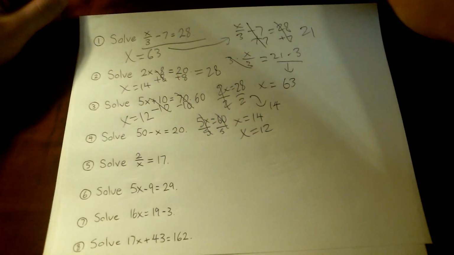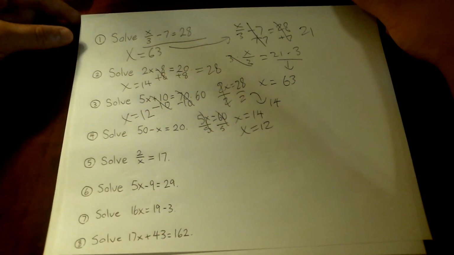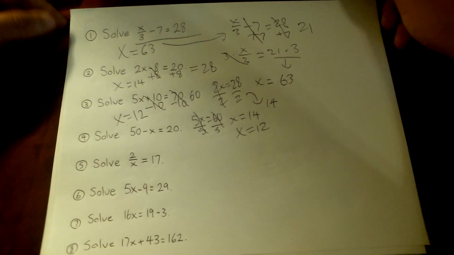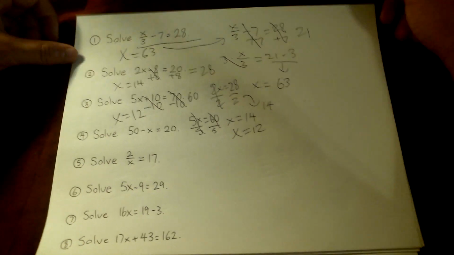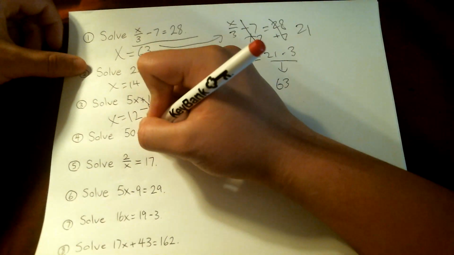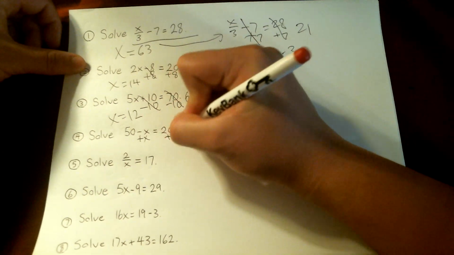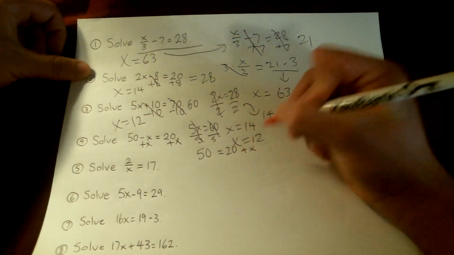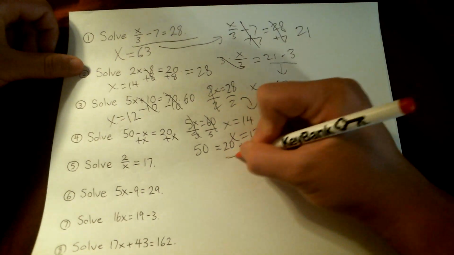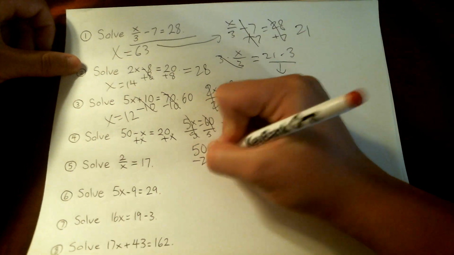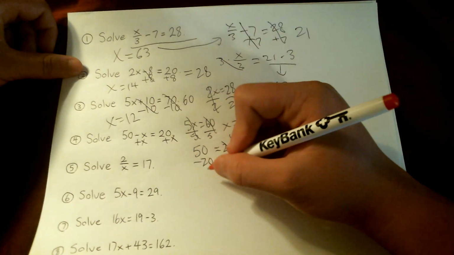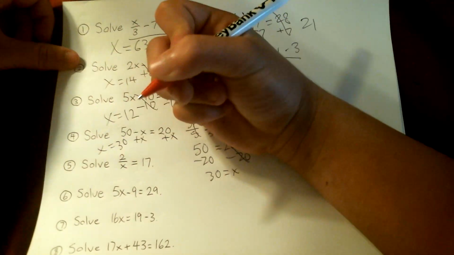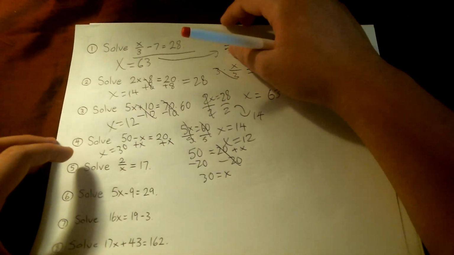Alright, let's do the fourth one. This one asks to solve 50 minus x equals 20. So that would be plus x to both sides. So this would be 50 equals 20 plus x. Then we would minus 20 from both sides. So this will cross out. This would be 30. So 30 equals x. Alright, let's do the next one.